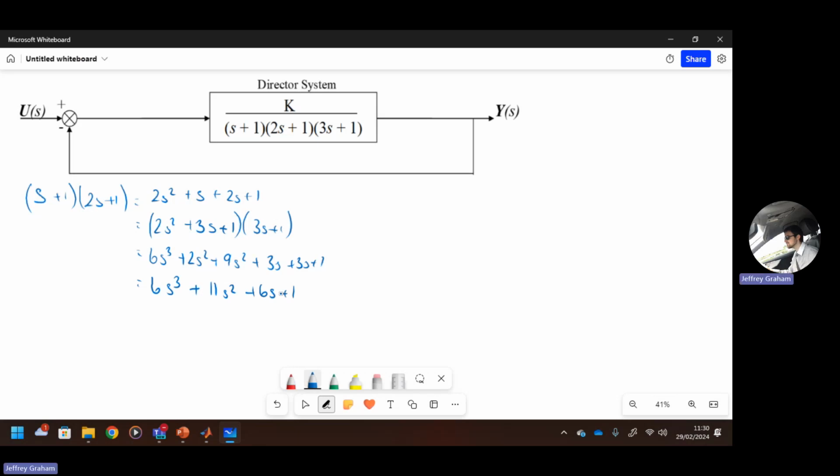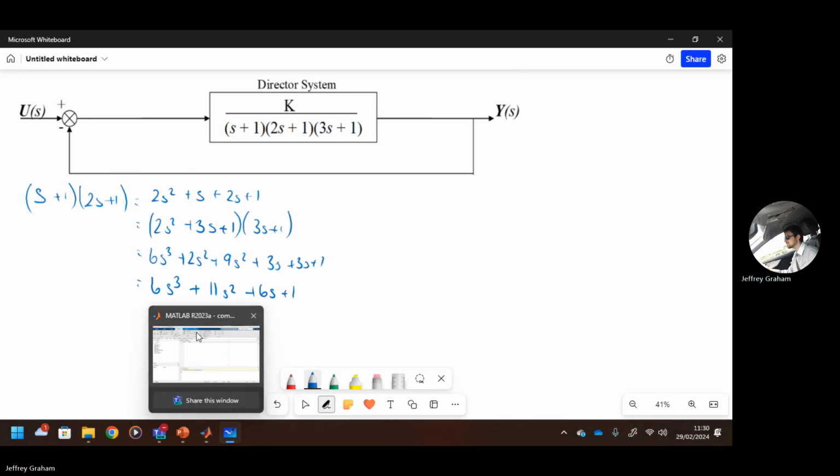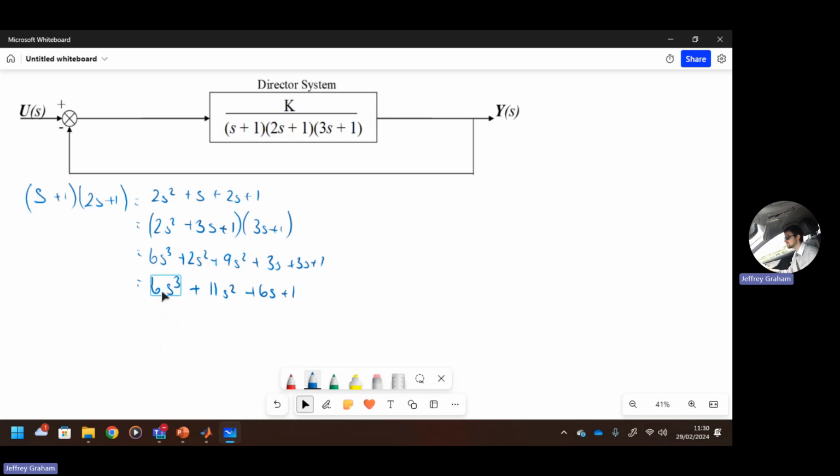So first up, I'm going to plot the root locus. The denominator is going to be the coefficients we've got on top and the bottom. So the values I'll end up typing in will be in descending order of powers: 6, 11, 6, and 1. Just be careful, if you do have a missing power, you have to put a 0 in.